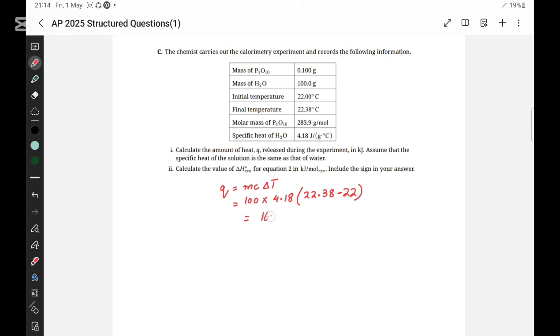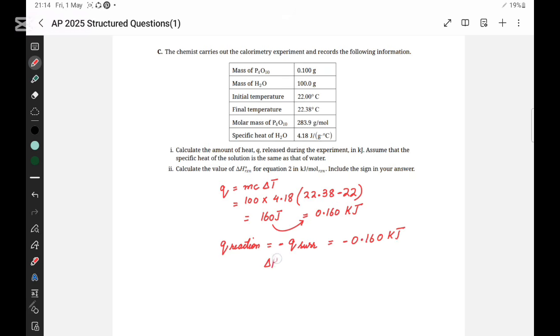So it is going to be 160 joules, and converting into kilojoules it becomes 0.160 kilojoules. Now, Q of reaction is equal to minus Q of surroundings, which makes it minus 0.160 kilojoules.